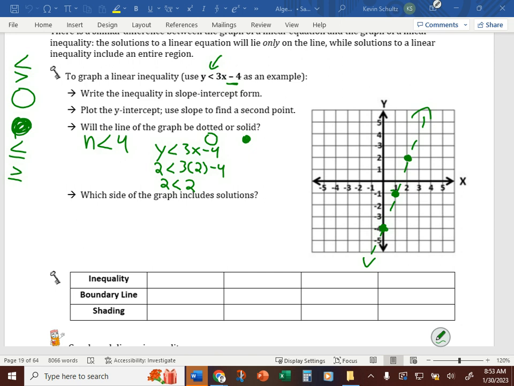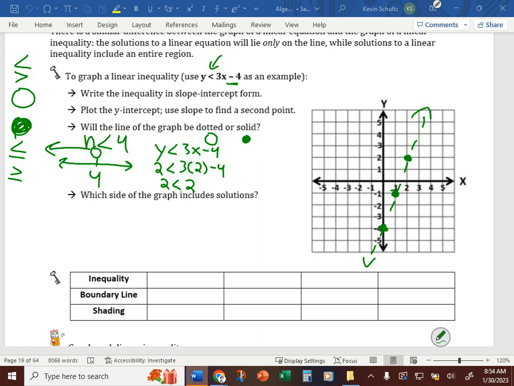So if our solutions aren't on the line itself, where are they? Elsewhere, right? Remember the other piece with solving inequalities before was when you had something like n is less than 4, we had to plot that 4 on a number line, put our open circle on, and then all of our solutions were elsewhere, anything less than 4.